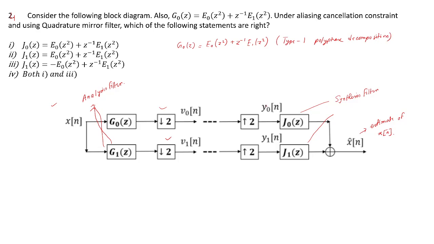Therefore the question asks that under the aliasing cancellation constraint, this is important, and we are using a quadrature mirror filter. We have encountered the concept of quadrature mirror filter in detail in the week 6 lecture. Then which of the following statements hold? Okay.